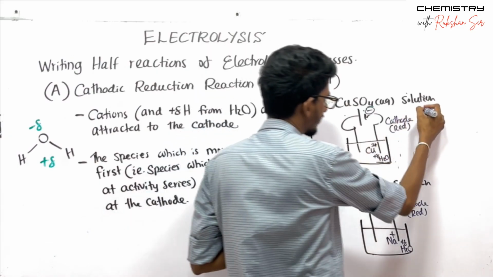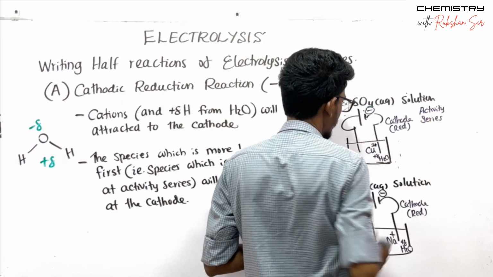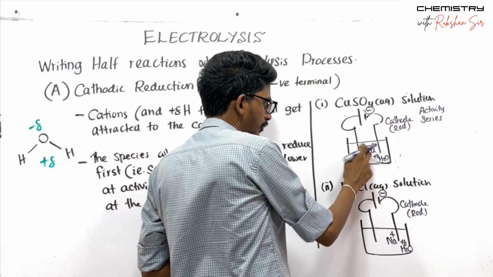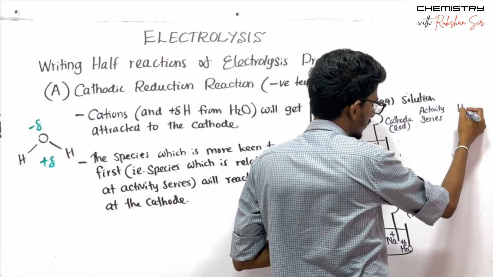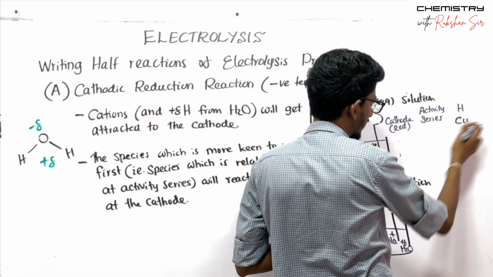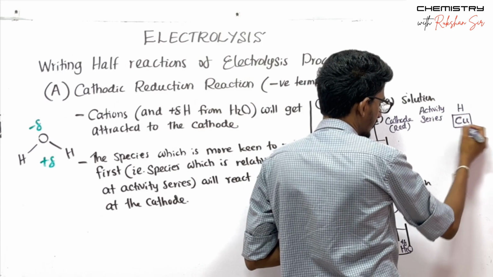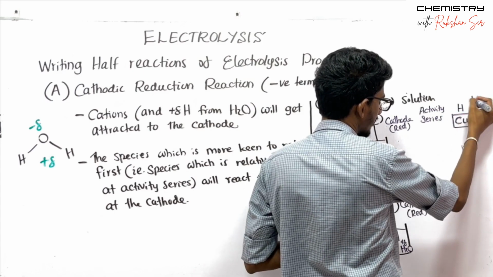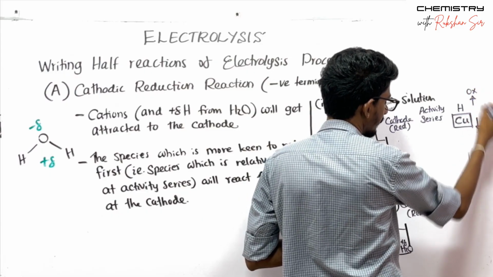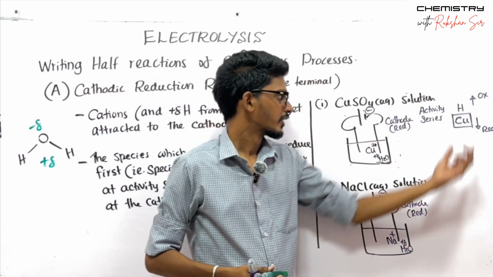Here, when it comes to the activity series, copper and hydrogen are the two that approach, and we know copper is relatively lower in the activity series compared to hydrogen. So copper is the one which will reduce first.